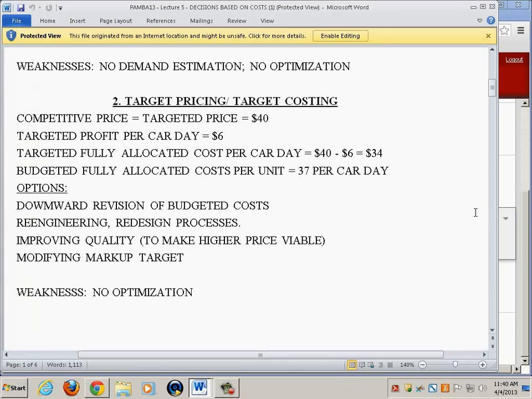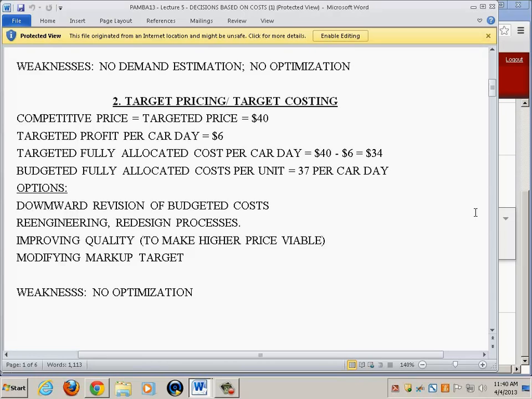It's considered by a good number of people to be better than cost plus because it starts with assessing the market, the competitive price, and it gives you an incentive to consider options to modify your targets or to become more cost efficient.